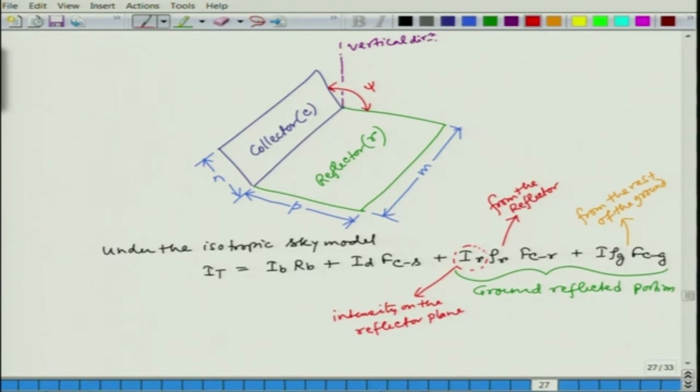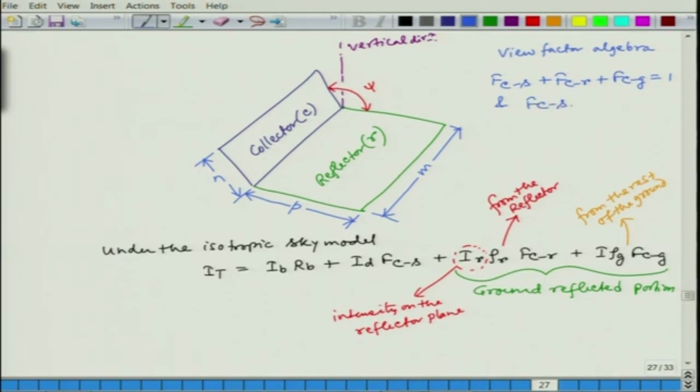Now, here we can write that the view factor algebra tells us that FCS, so from collector to the sky, plus FCR, which is collector to the reflector, plus FCG, that is collector to the ground, all three must add up to 1, right. So, that is what the view factor algebra tells us.